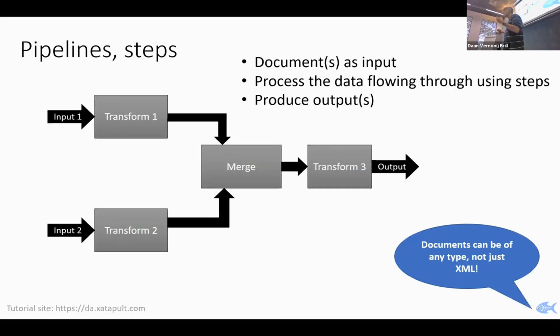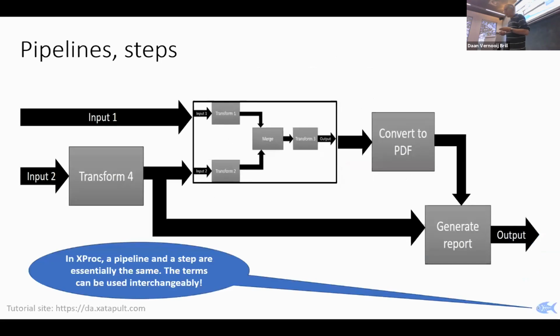As the fish says, documents can be any type, and we will get back to that. There are a lot of types of documents you can push through the pipeline. Once you've created such a pipeline in XProc, you can reuse it as a step in a larger pipeline. Pipelines can be building blocks in bigger pipelines.